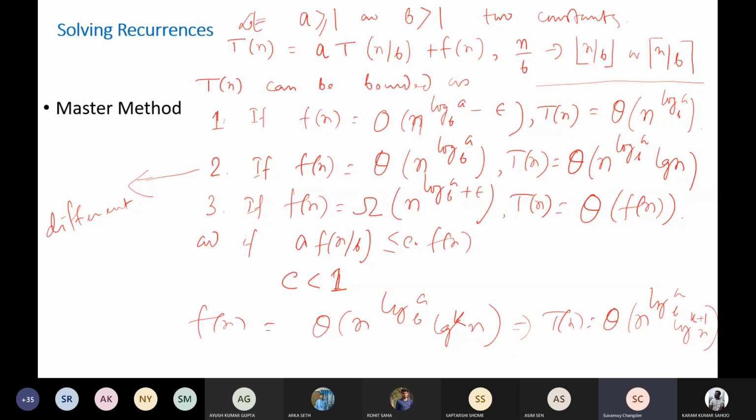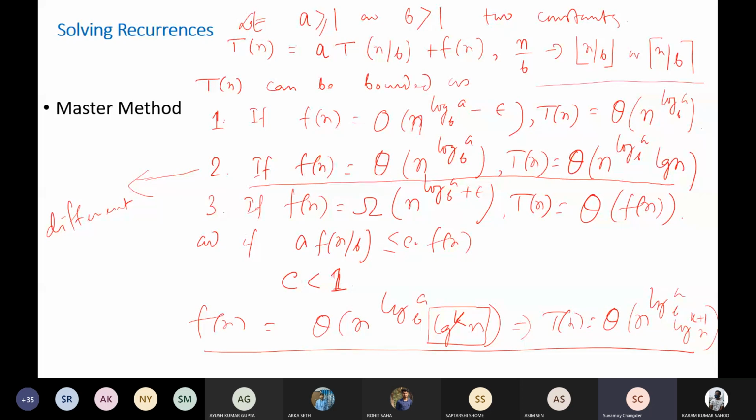In some books this different form is written, but here we will consider this k value as equal to 0, okay, to the power 0. So this can be proved, and the proof we can also get as an exercise in the book by Coleman. But this is the original form of the second case of the master method.